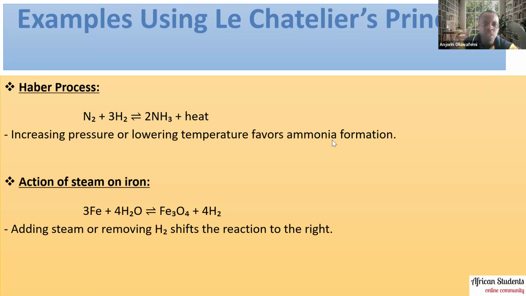So don't forget what I said when we're talking about pressure effects, volume effects, and temperature effects on the chemical equilibrium. Action of steam on iron is another one. When you are adding steam or removing hydrogen, the reaction shifts to the right. That is, it will favor the product formation. So these are examples using Le Chatelier's principle.